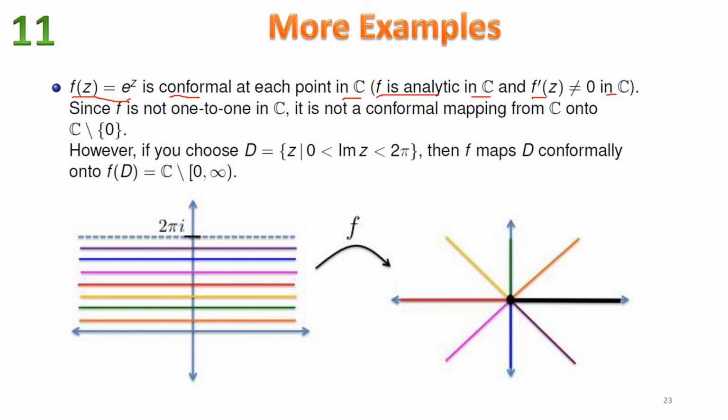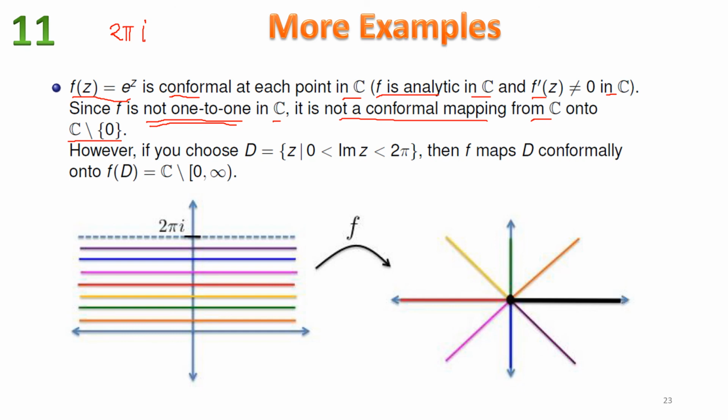Since f is not 1 to 1, why is it not 1 to 1? Because it is periodic. We have seen in one of the earlier lectures that it is periodic over 2 pi i. So by definition it is not 1 to 1 in the complex plane C. Therefore, it is not a conformal mapping from C to C.